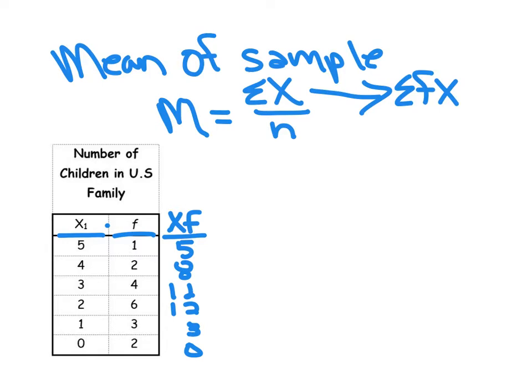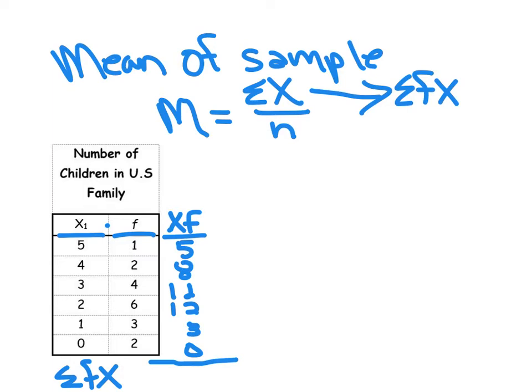Then I'm going to add those up in my calculator, which will give me the sum of f times x, or x times f, whichever you prefer. So 5 plus 8 plus 12 plus 12 plus 3 plus 0.